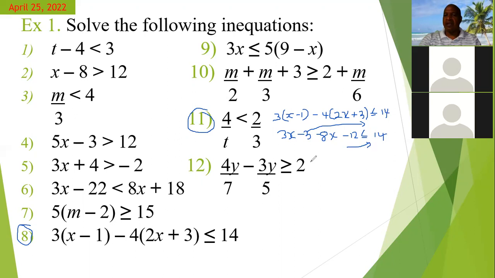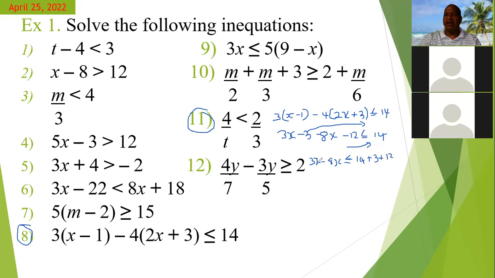So this will leave us on the left side with 3x minus 8x, less than or equal to 14 plus 3 plus 12.